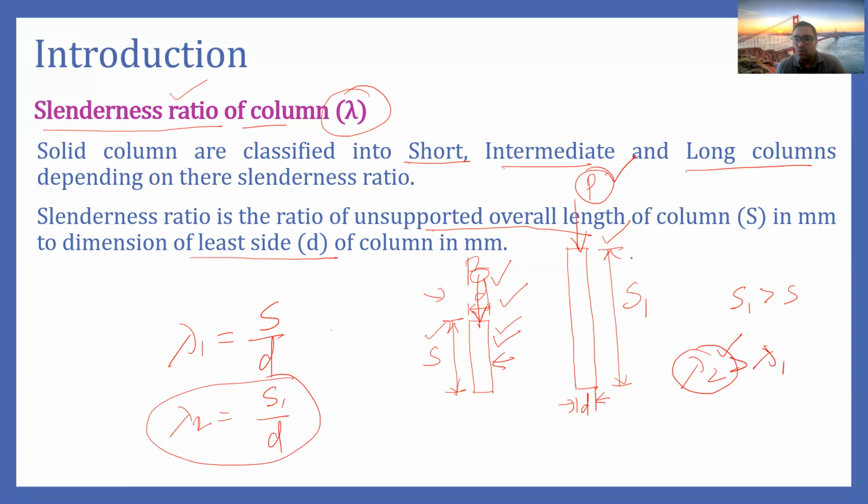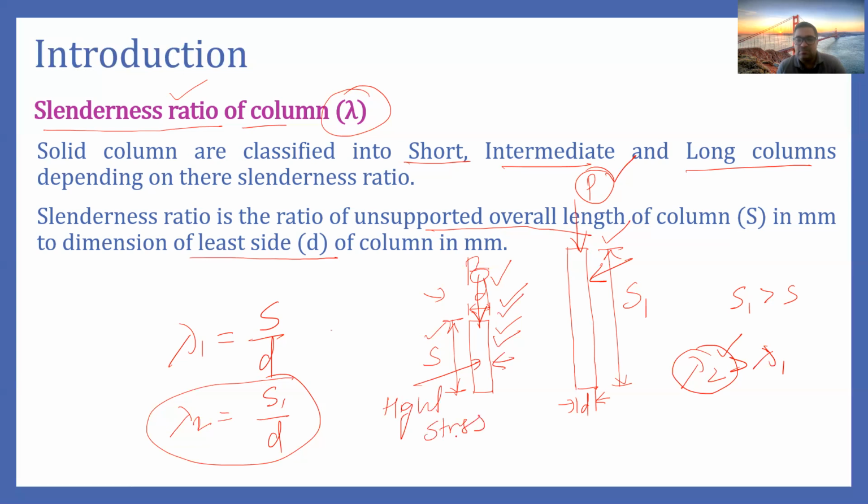But in a longer column, it will fail under bending before it reaches the crushing stage. So generally we design short columns because we can utilize more strength.